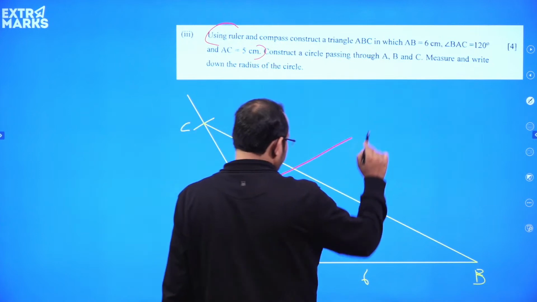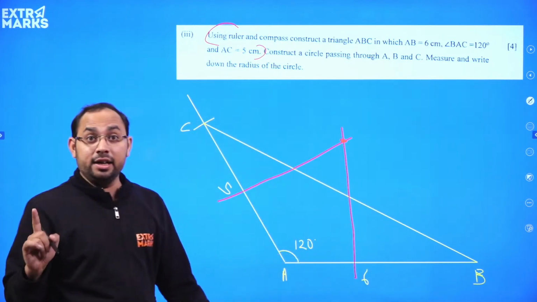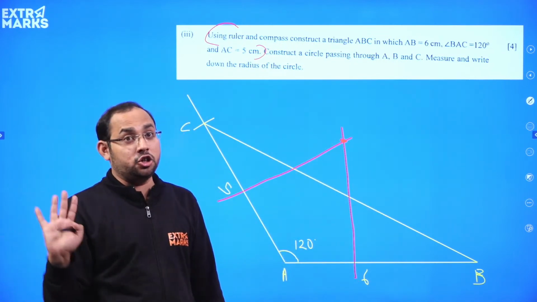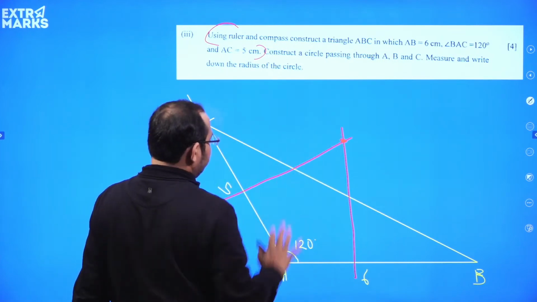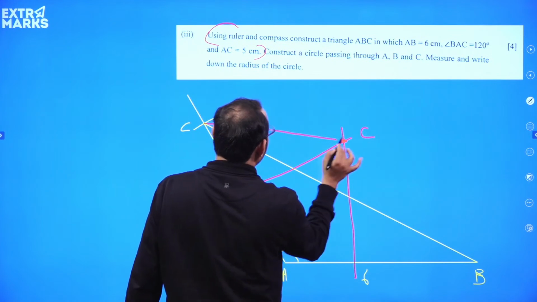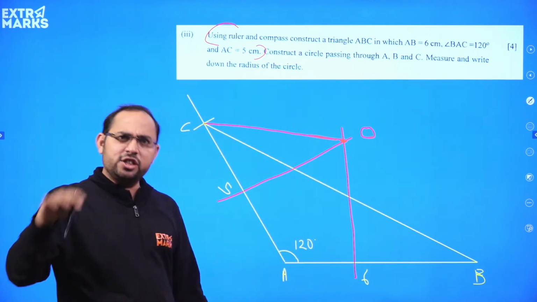So let's say I draw the perpendicular bisectors like this. Because it's an obtuse angle triangle, ये confirm है that circumcenter will fall outside the triangle. That is a sure thing. Okay. So it will fall somewhere. After that, nothing. Let's say this is O because C is already there. So OC will become your radius. Draw the circle.